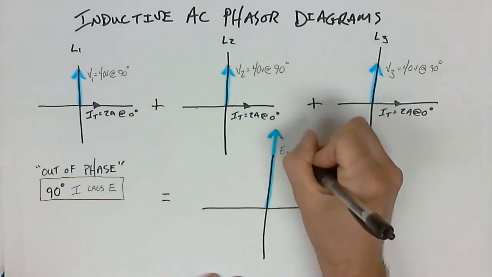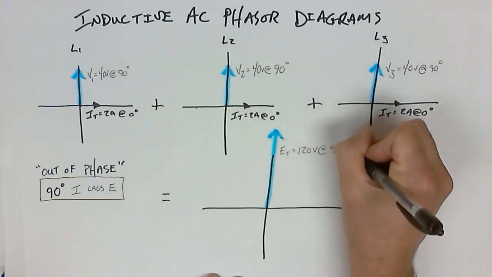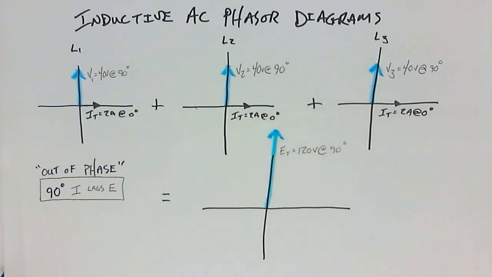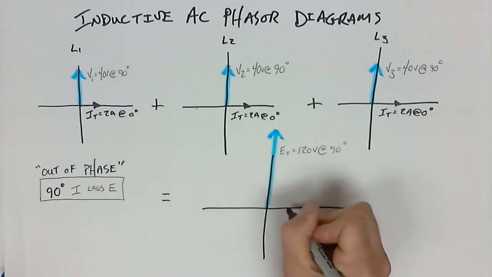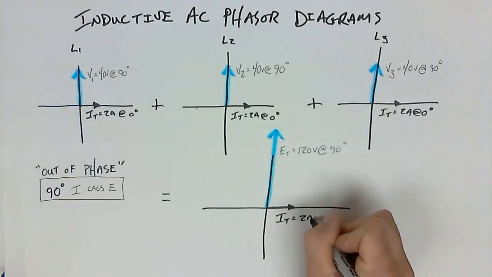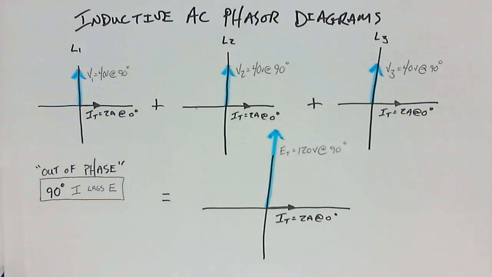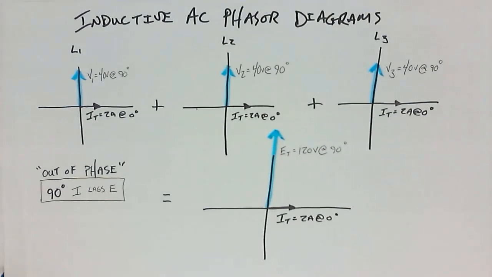E total is equal to 120 volts at 90 degrees. And where's our current value? Well, our current would be down here. And it still remains at 2 amps at 0 degrees. So in an inductive series AC circuit, the current would lag the voltage.